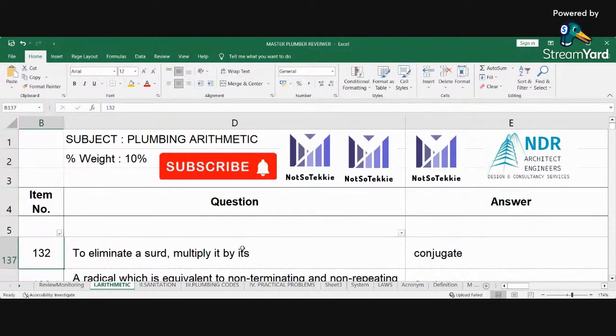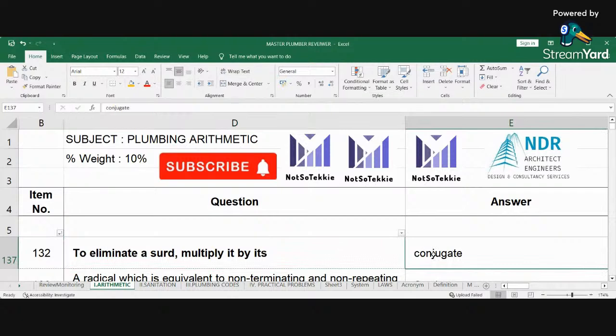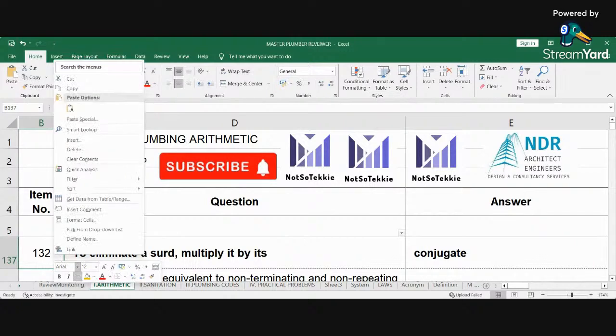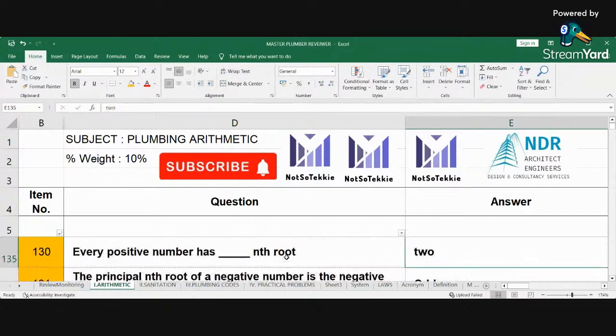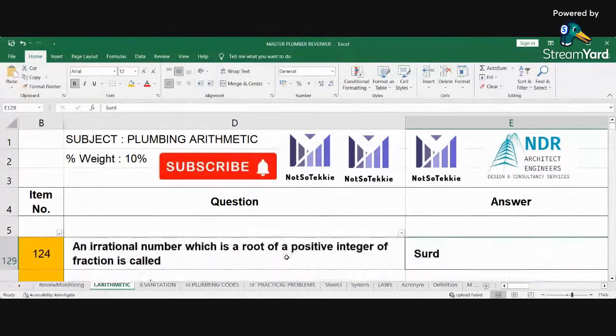132. To eliminate a third, multiply it by its conjugate. The answer is conjugate. To eliminate a third, ano ba ang third? Multiply it by its conjugate. So, balikan muna natin yung third.